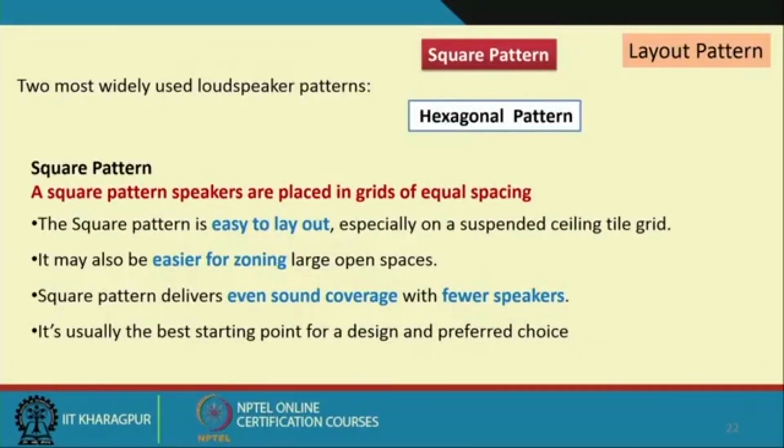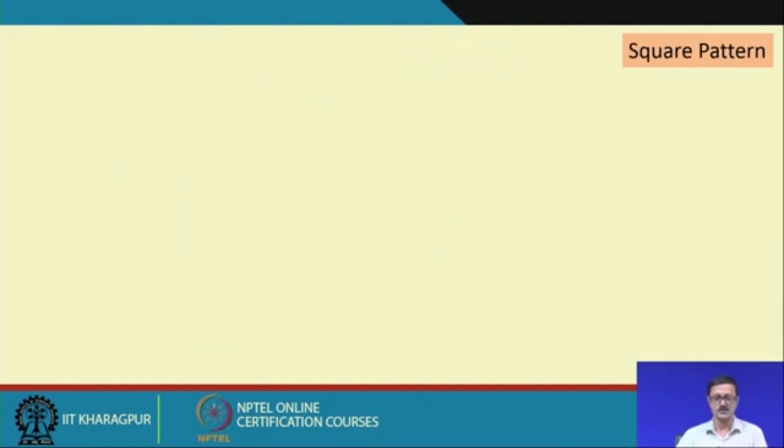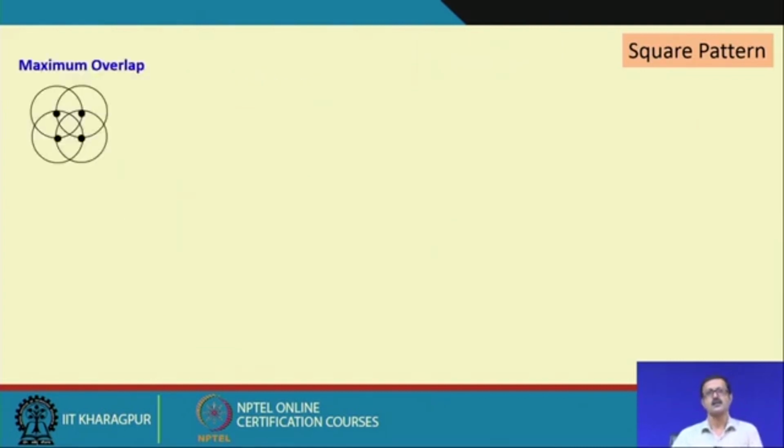It gives you almost even coverage with fewer speakers, which is economical, and usually this is the starting point of any coverage for a distributed system, and it is also the preferred choice. So, there are different ways I can cover it.